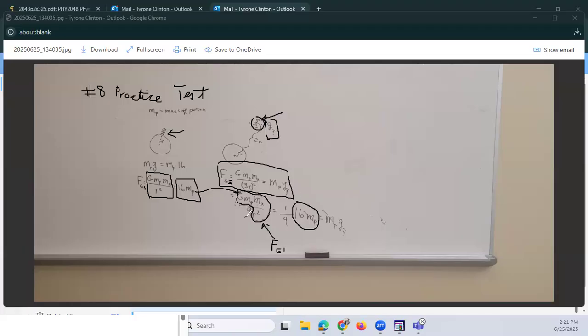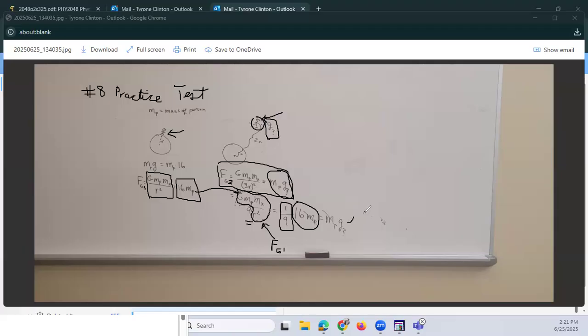Remember that 9 was that factor down below, and we could factor out that 1/9. So in essence now, I have that 1/9 times 16 is equal to the mass of the person times this unknown gravitational force.